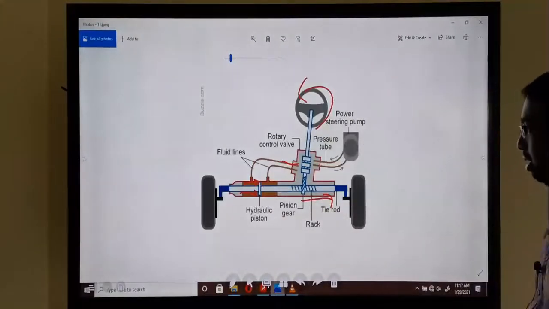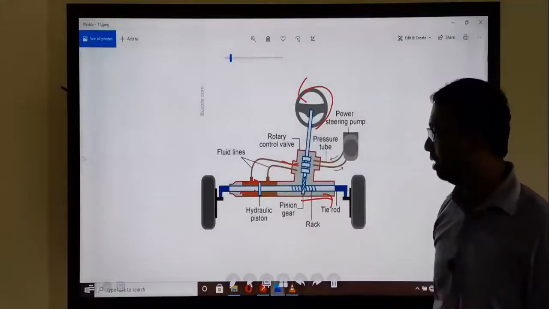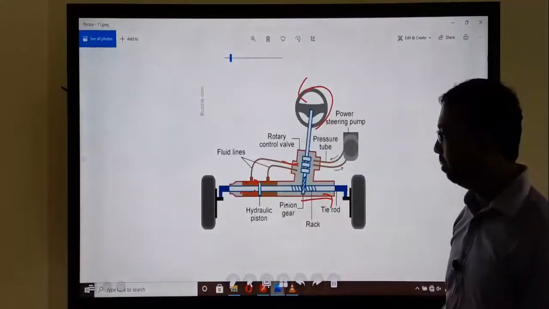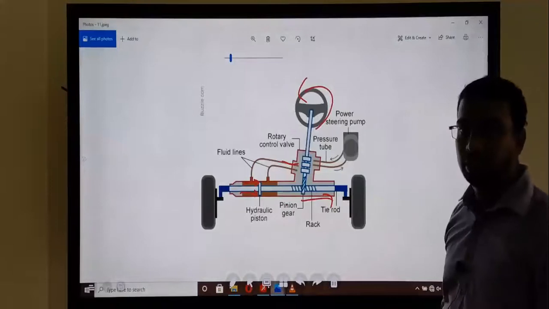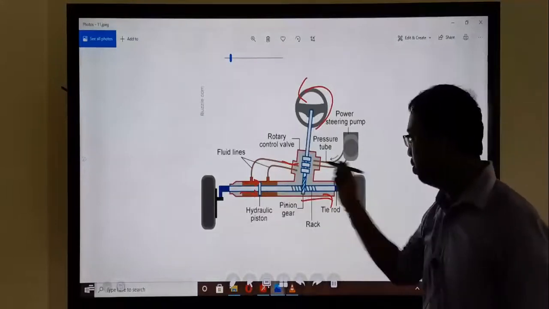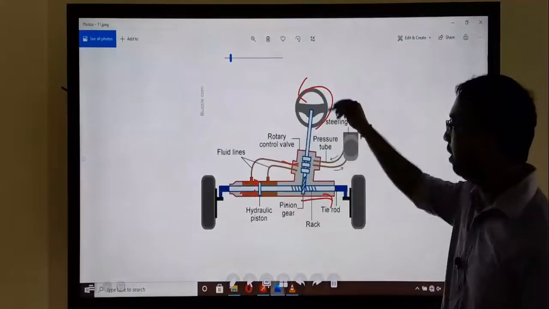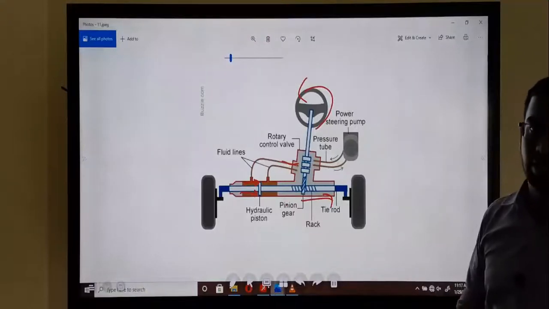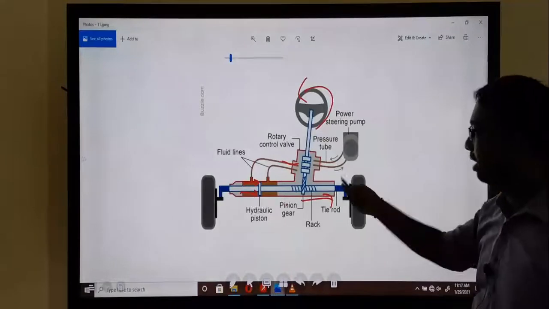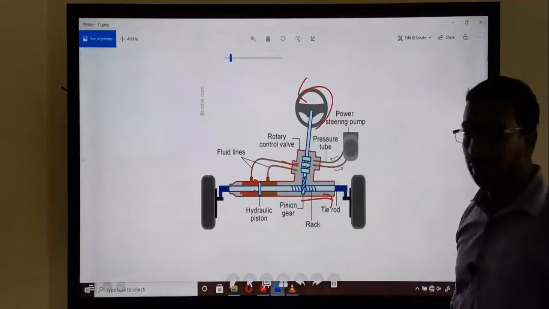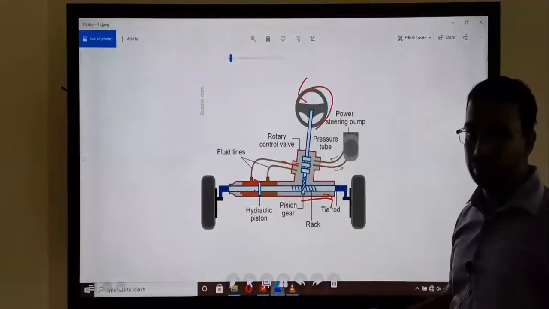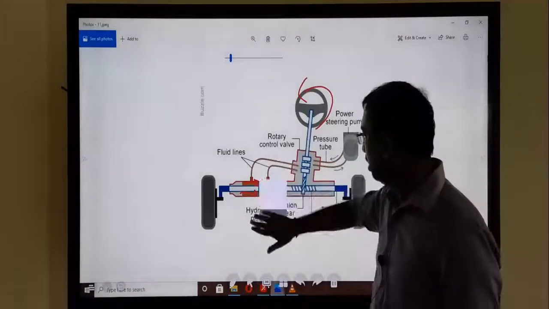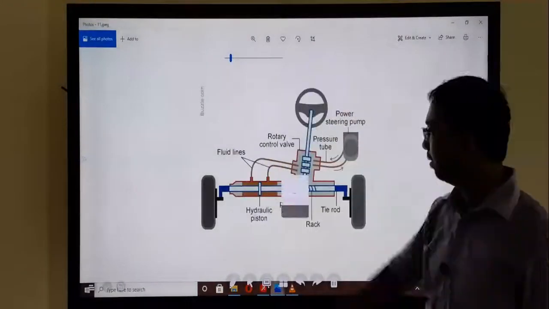This fluid pressure applied on the piston boosts the rack movement. That's why when we rotate the steering, we cannot feel any hardness. It's very smooth because of this merging of fluid and mechanical practices.